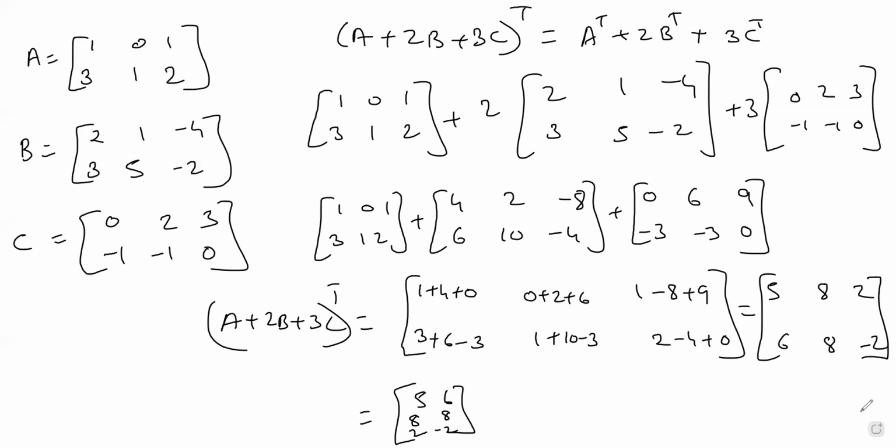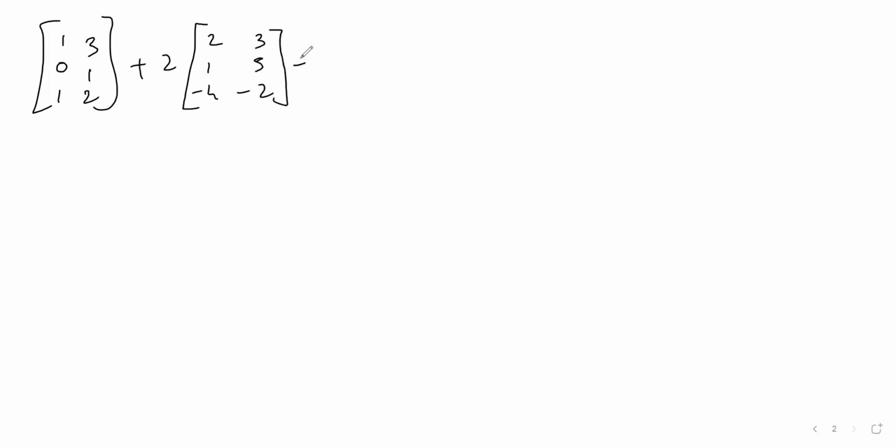So transpose of A will be 1 0 1, and 3 1 2, plus 2 into transpose of B, 2 1 minus 4, 3 5 minus 2, plus 3 into transpose of C. So C transpose is 0 2 3, minus 1 minus 1 0.